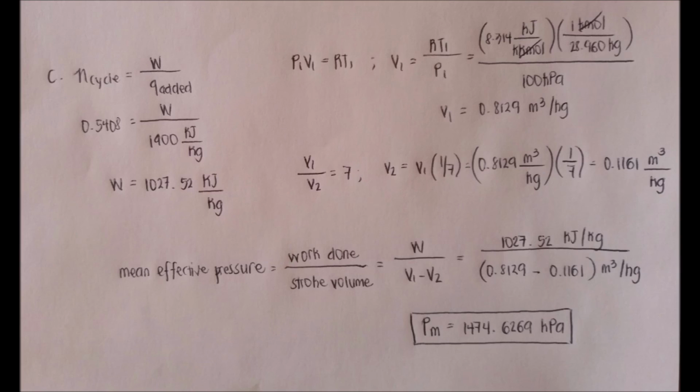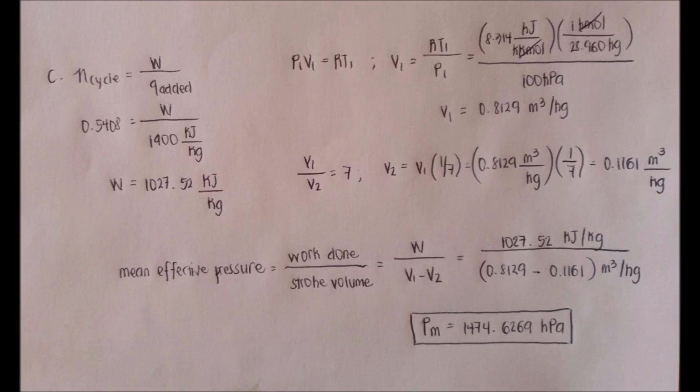Next is to compute the value of V1. To do so, we will use the ideal gas state equation PV is equals to RT. P1 is equals to 100 kilopascal, T1 is equals to 283.15 Kelvin, and the gas constant 8.314 kilojoule per Kelvin kmol, and convert it to kilojoule per kilogram Kelvin by dividing it by 28.960 kilogram per kmol, the molecular weight of the air.